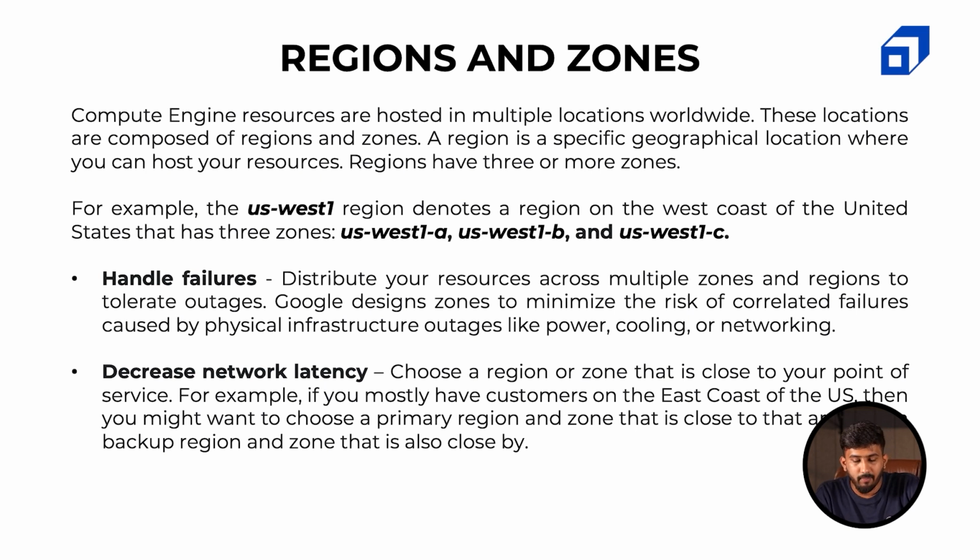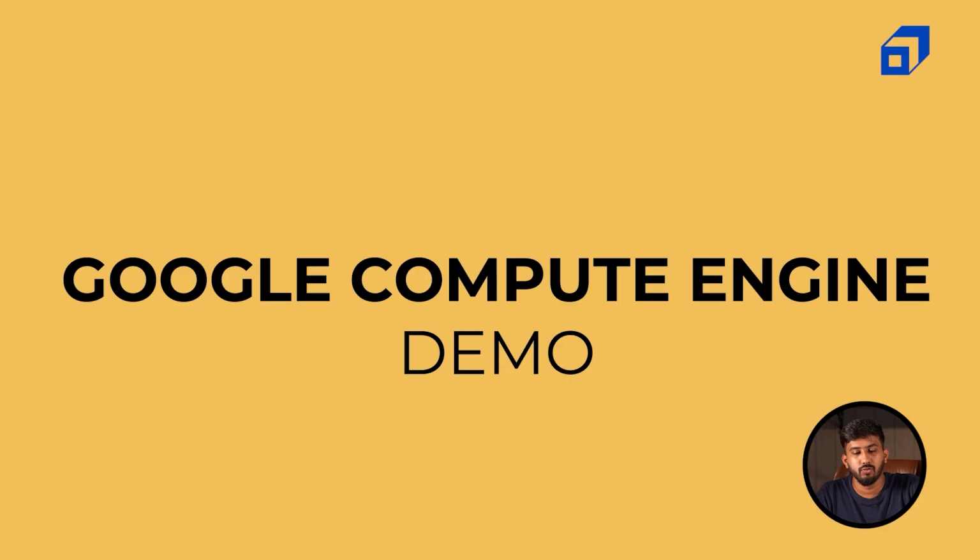Now, your main region and zones would be in Mumbai, but you'll also have to have another region so that if the entire region goes under some power outage, your application will still be running in another region, and that region could be Delhi. That's basically what they are talking about here. If your application is running in the same geographical region as the customer base, that will decrease the latency. So that's basically it for regions and zones.